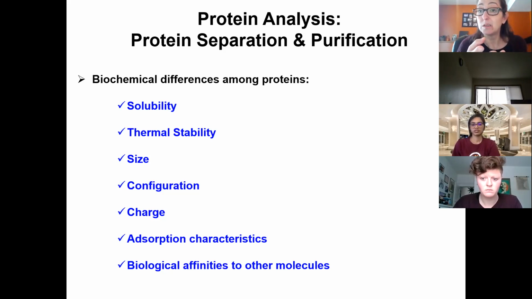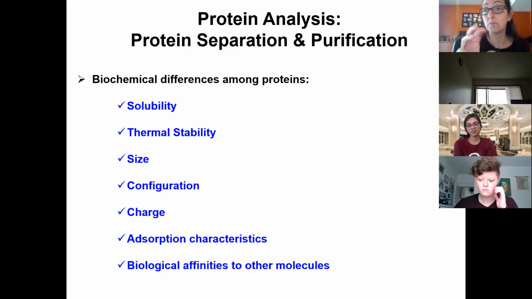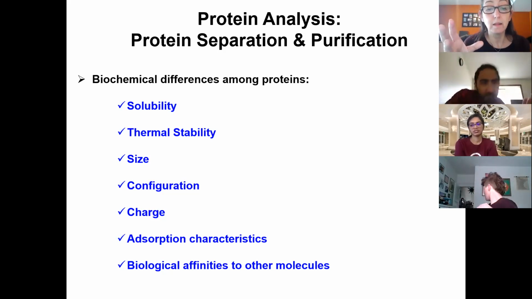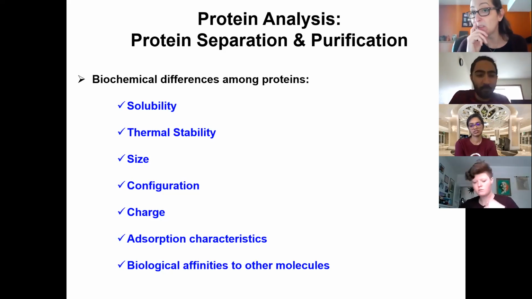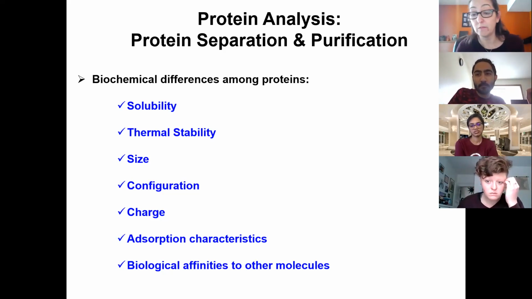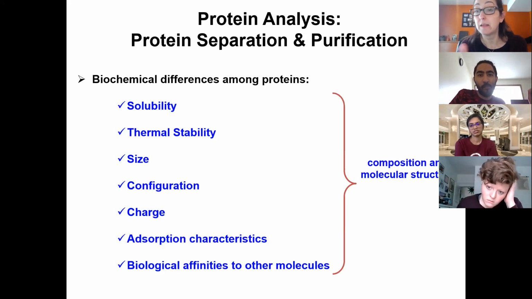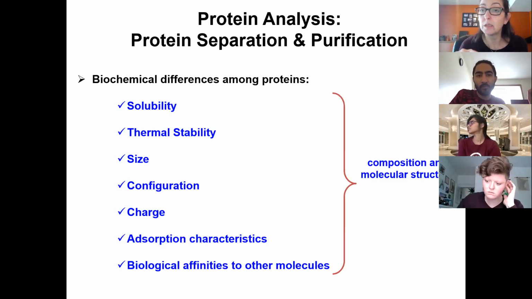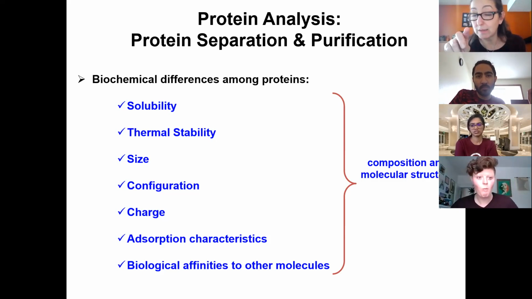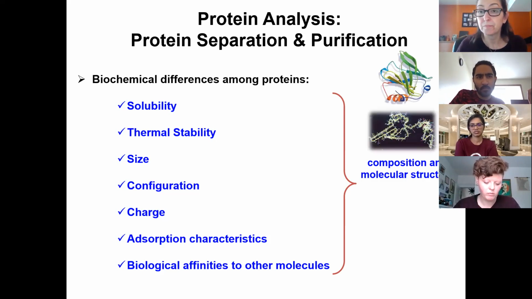How big are the proteins? What's the size? We can separate them based on their size. We can separate based on their configuration, their structure. And we can separate based on surface properties that allow them to adsorb to different surfaces and their affinity to different molecules. So these are all biochemical differences that are impacted by the composition of the protein, the sequence of amino acids within a protein, and the final molecular structure.